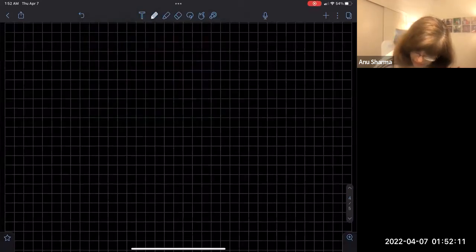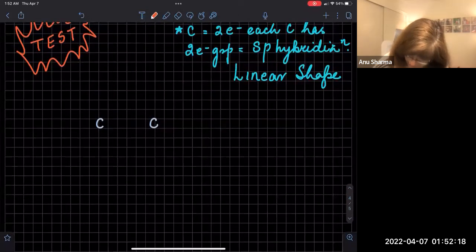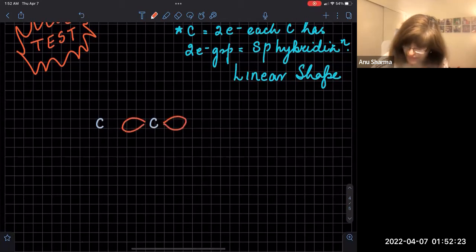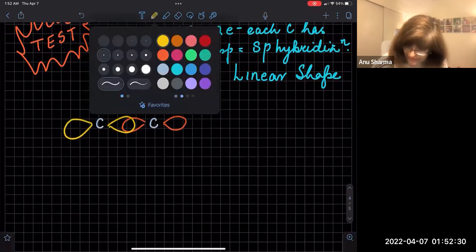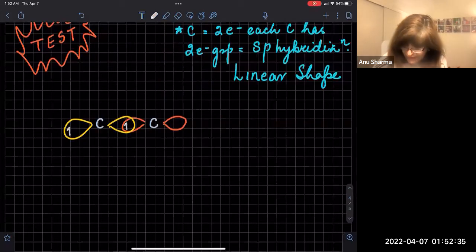Anyway, so here is one carbon and this is another carbon, and this guy is bringing its one lobe here, another lobe here, and the second one is bringing one lobe here and another lobe here. Okay, and this carbon has one electron. This one is bringing its one electron and this carbon, this side. Okay, so this is one sigma bond carbon has formed by this overlap.